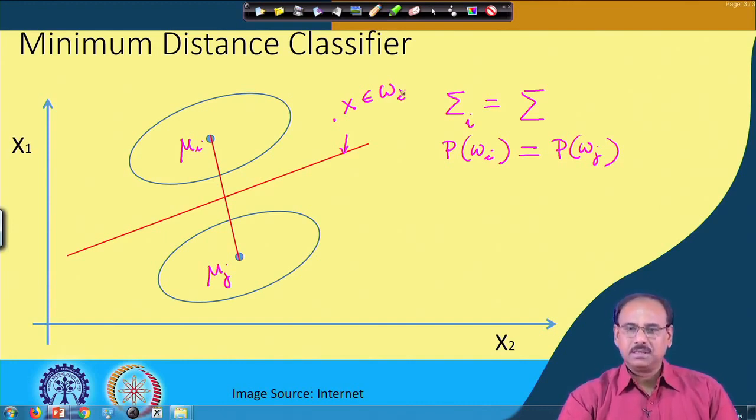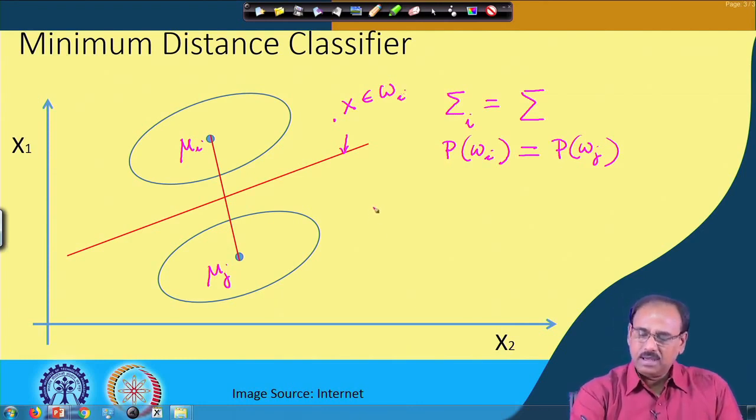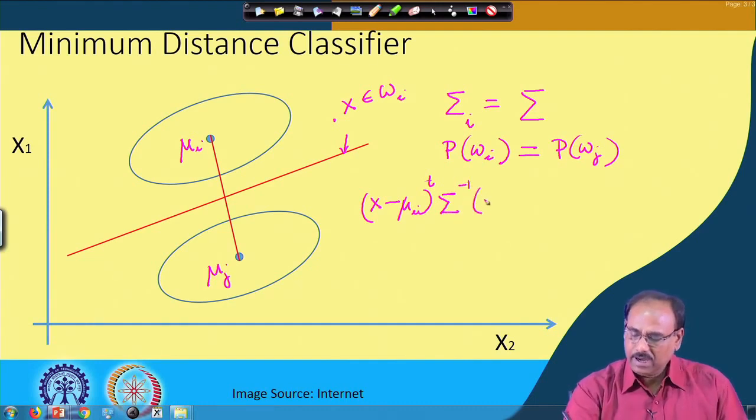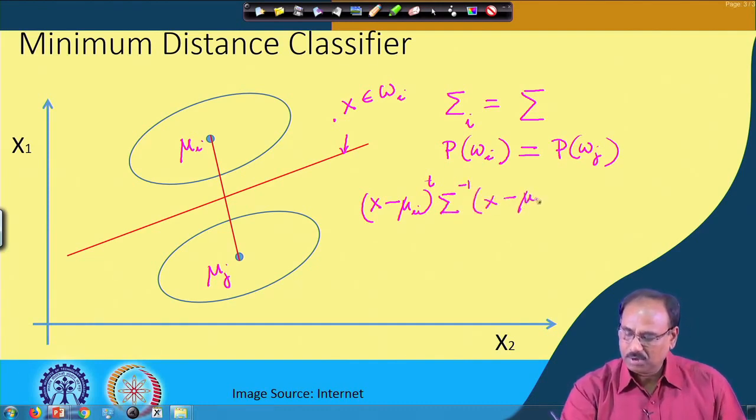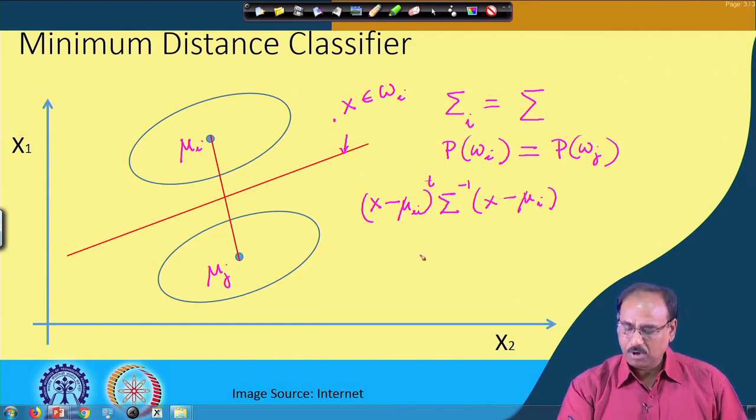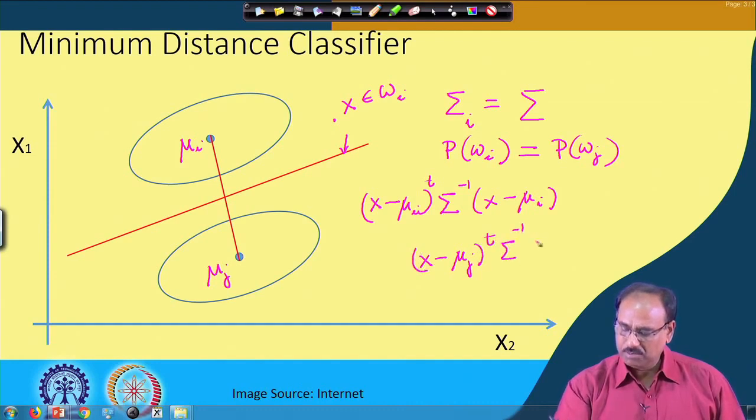Again, in this case, it is a minimum distance classifier, because what we are computing is x minus mu I transpose sigma inverse x minus mu I, and I am also computing x minus mu j transpose sigma inverse x minus mu j.